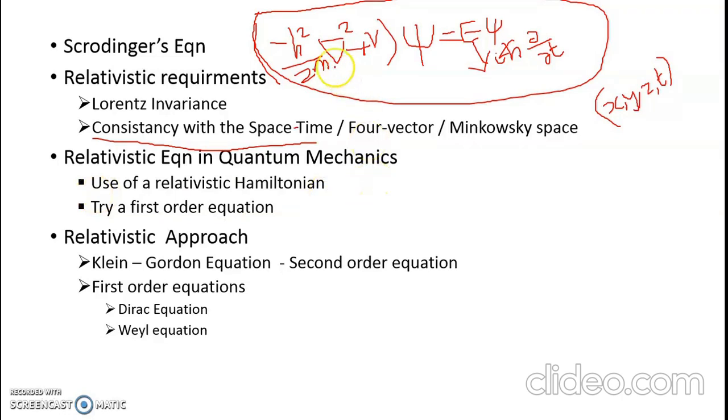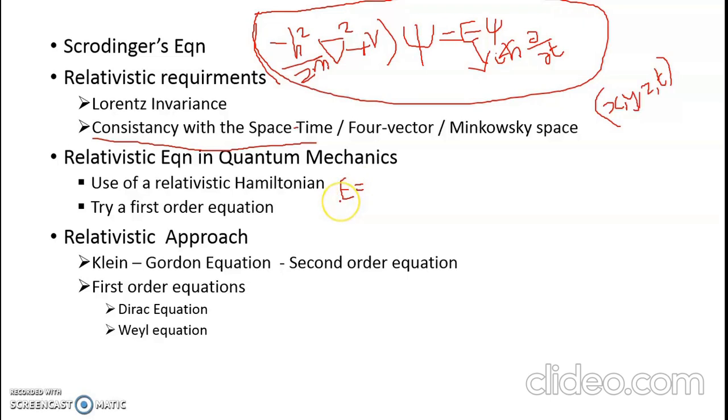Instead of the Hamiltonian formalism we have already followed, we take a relativistic Hamiltonian from the 3rd fundamental postulate of quantum mechanics: the quantum mechanical operator corresponding to a classical parameter or dynamical variable can be obtained by replacing the relevant dynamical variables in the classical equation by the quantum mechanical operator corresponding to it.